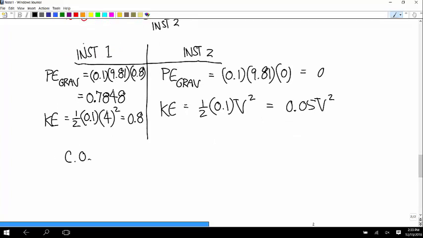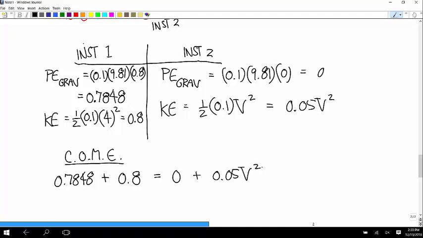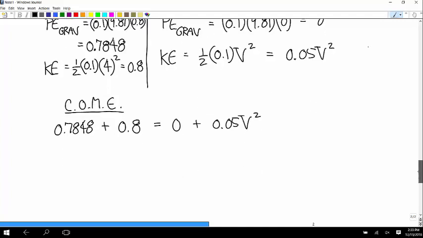And so conservation of mechanical energy says 0.7848 plus 0.8 is equal to 0 plus 0.05 v squared. So let's see, 1.5848 is equal to 0.05 v squared.